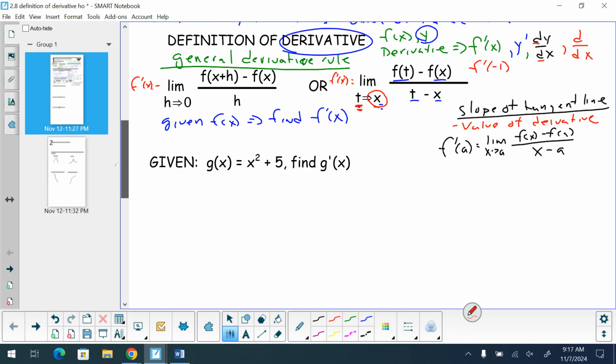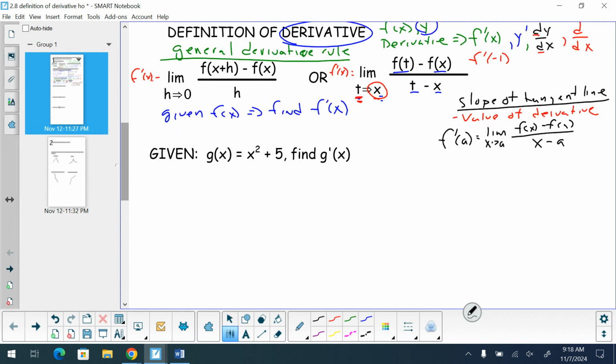So looking at the function x squared plus 5, we want to find our general derivative. So we have the limit as t is approaching x of our function value evaluated at t. So we have t squared plus 5 minus our function value f of x, which is just what we have up here, x squared plus 5.